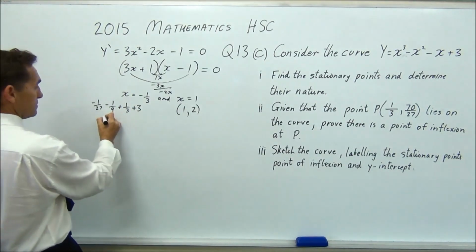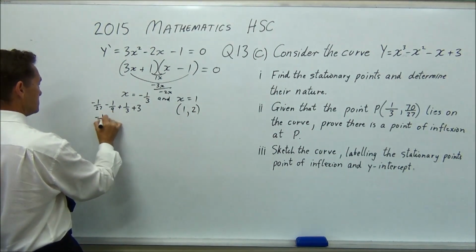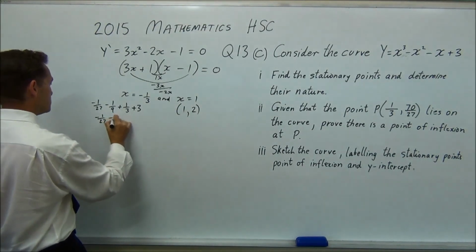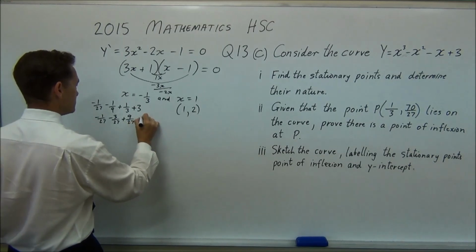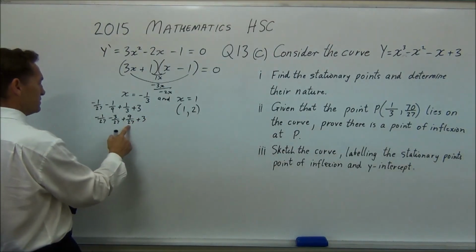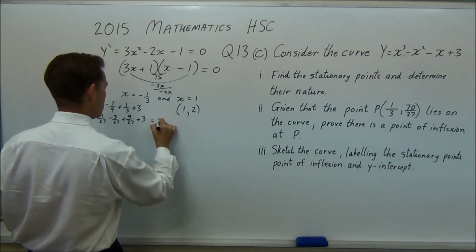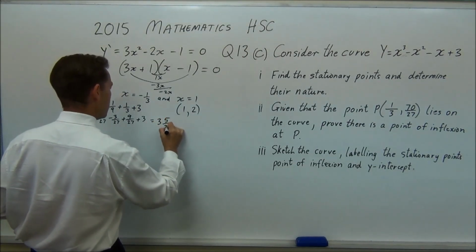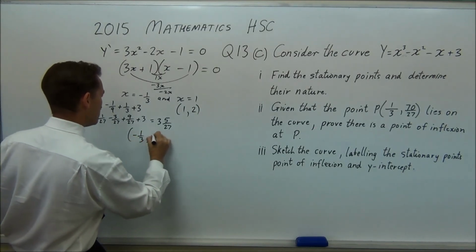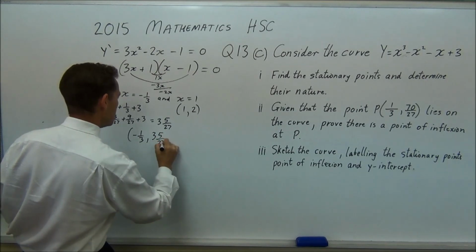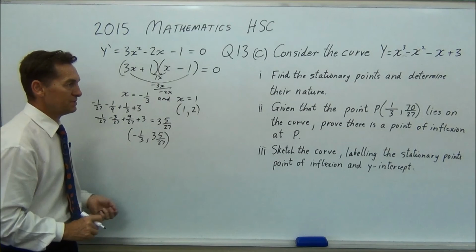So minus 1 on 27, minus 3 on 27, plus 9 on 27, plus 3. So you've got 3 and 9/27, take away 4. So you're going to end up with 3 and 5/27. So your other point is going to be (minus 1/3, 3 and 5/27). You're obviously quicker to do it on a calculator, but I didn't happen to have one.